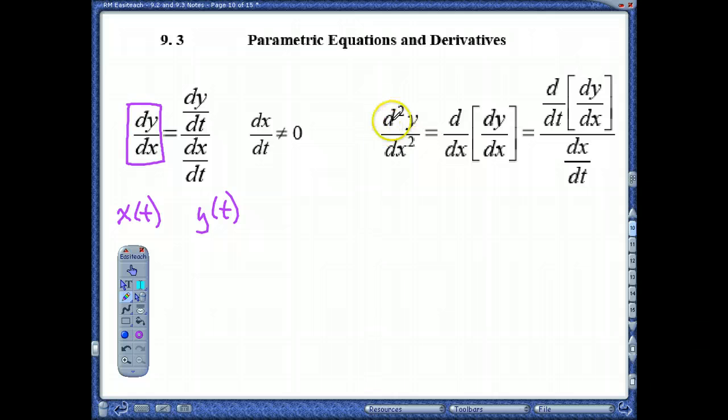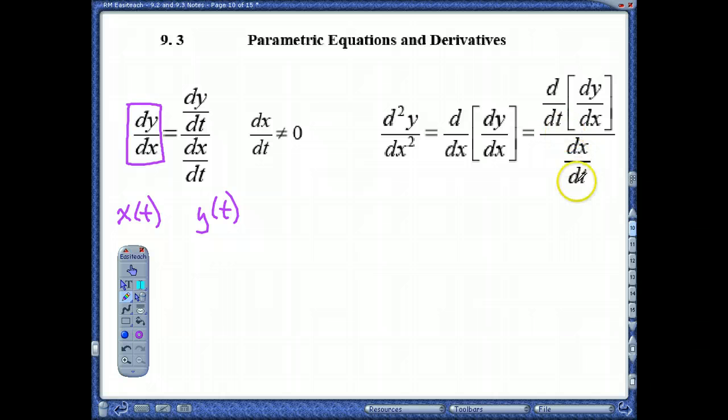When I go to find the derivative of the derivative, that means I need to find the derivative with respect to x of dy over dx. So we're going to take our first derivative, take the derivative of it with respect to t, and then divide that by the derivative of x with respect to t.